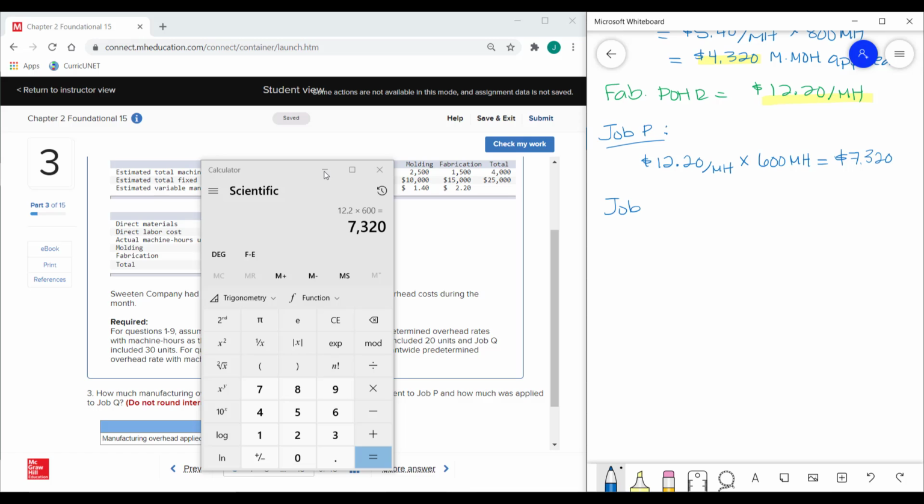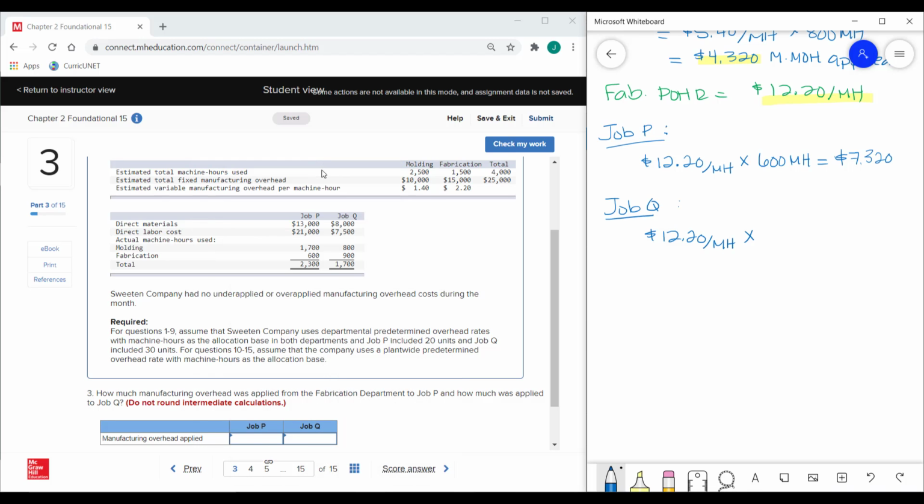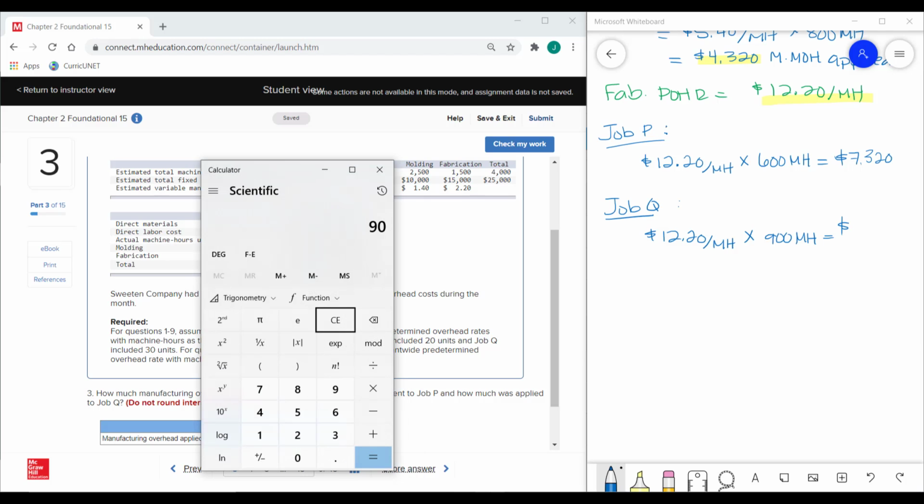We'll do the same with job Q. Same pore, since we're applying overhead from the fabrication department, but how many hours did job Q use within the fabrication department? 900 machine hours. And if each machine hour is costing on average about $12.20 of overhead within the fabrication department, the total overhead to apply to job Q from the fabrication department is about $10,980.